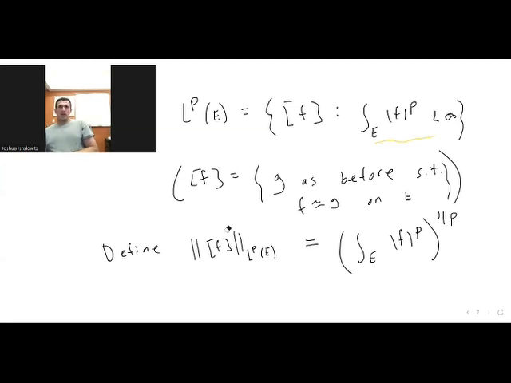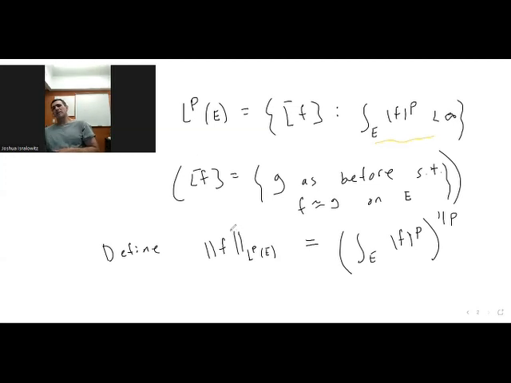And something to be aware of, not just if you're taking the prelim, if you're in my 510A class, but just in general, it's really annoying to keep writing these brackets to indicate a class of functions. So we just don't, and really no one does. The truth is, if you even forget that the definition of LP is a collection of equivalence classes, you're basically fine, until maybe you get up to functional analysis.